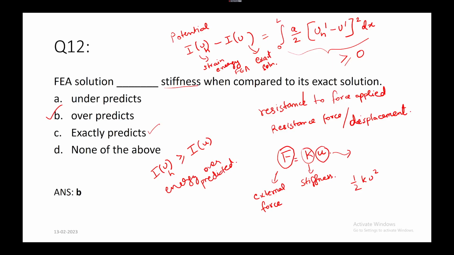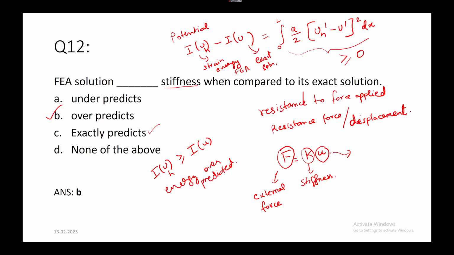But what about this displacement? If you go to this expression, you are considering your external force is going to be the same.